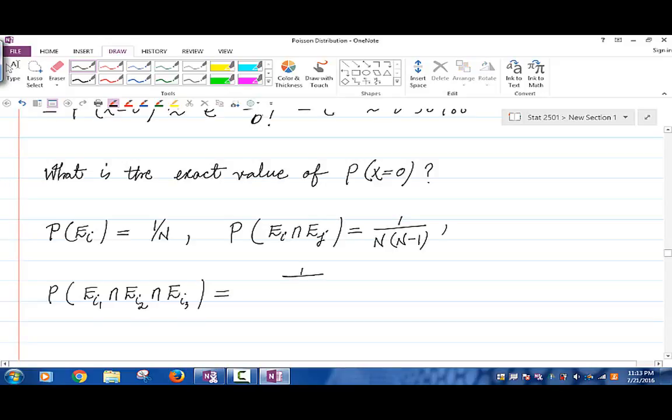That means there are n minus 3 factorial ways that the three men can keep their hats, and the total number of permutations of the n hats is n factorial, which is going to be 1 over n times n minus 1 times n minus 2.